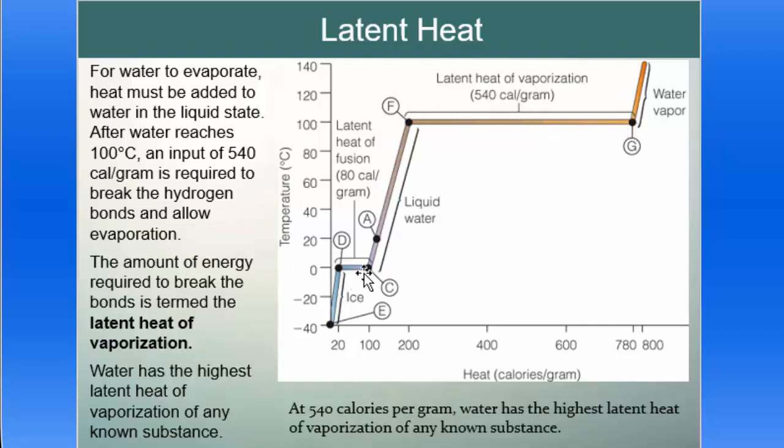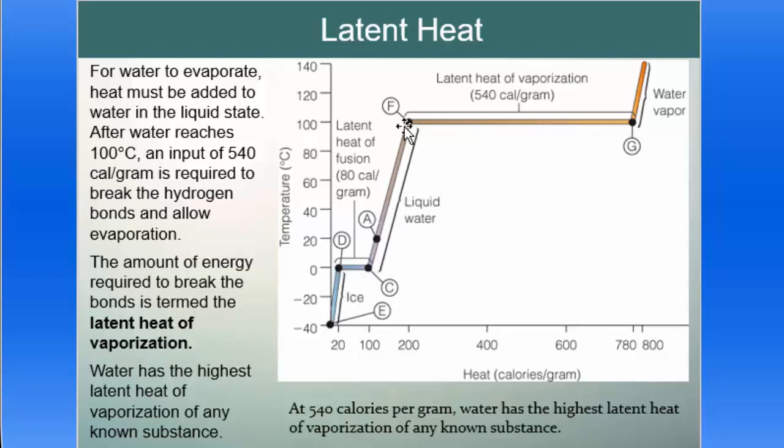And the reason why that is because in order to get this ice to turn into a liquid, you've got to break down the bonds between the molecules. They're very, very well structured, very tight, very well bound in a solid. So you have to put a tremendous amount of energy into that solid to break those bonds and turn that solid into a liquid.